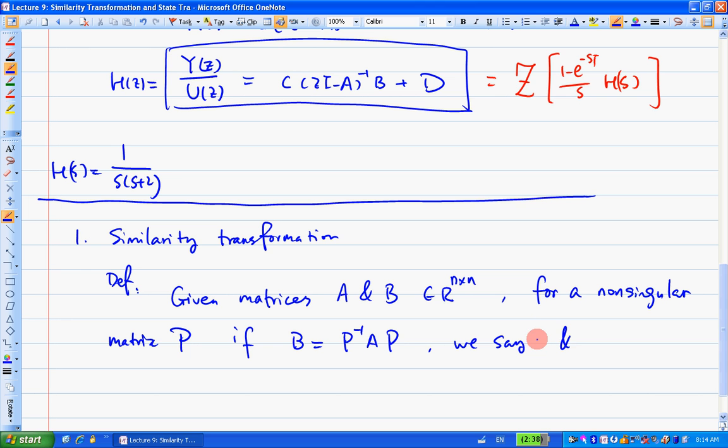So we see B is similar to A. Okay, so we see B is similar to A.